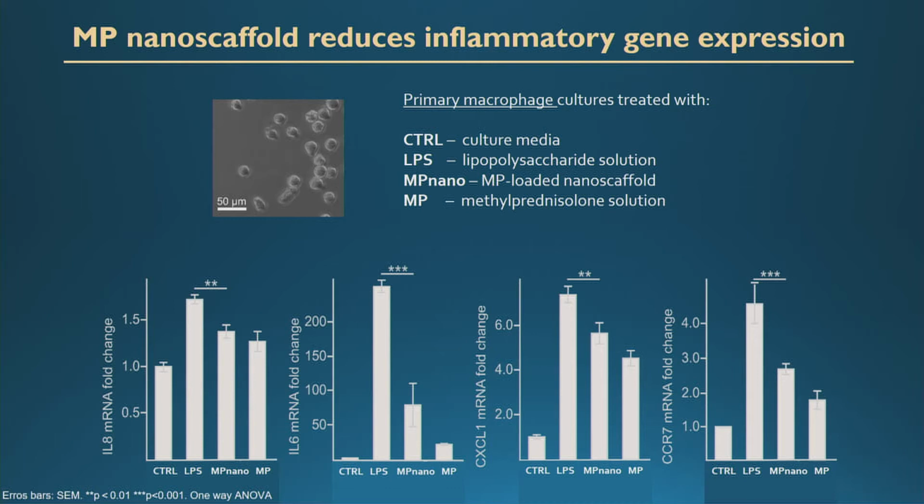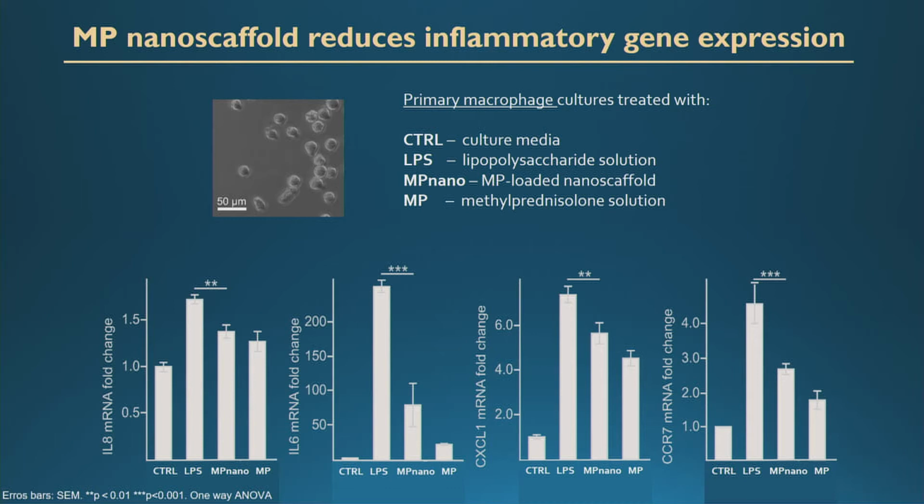So they did qPCR analysis of some pro-inflammatory cytokines that you can see here, IL-8, IL-6, CXCL1, and CCR7. As expected, adding LPS to the cells led to an upregulation of these pro-inflammatory cytokines.